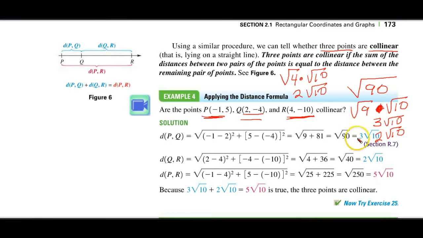And if the 3 plus 2 equal the 5, which is true, we say the 3 points are collinear. Again, each of these examples takes quite a bit of careful computation, and knowing this skill. Now, if you had left this at the original, it would be a little harder to figure out.